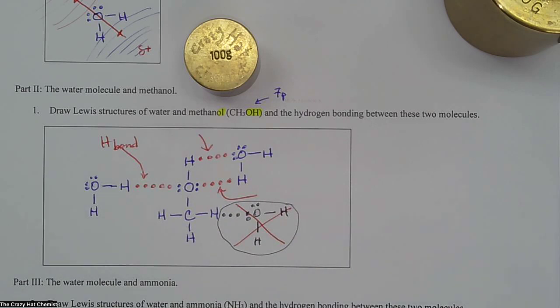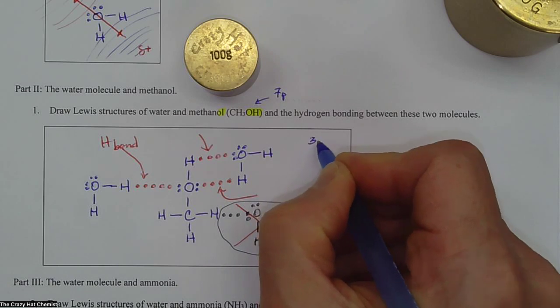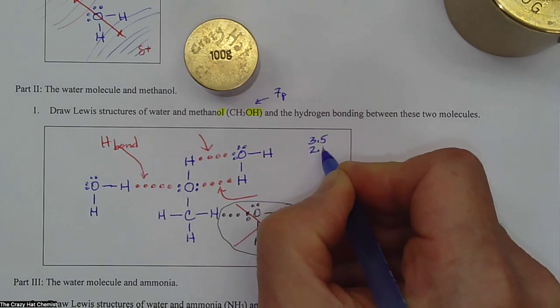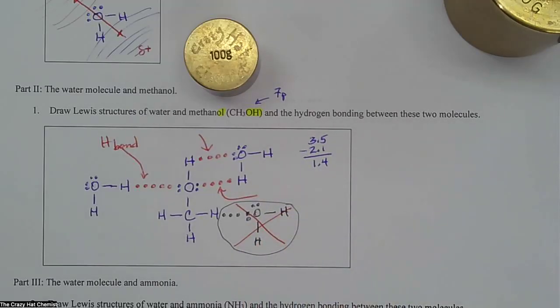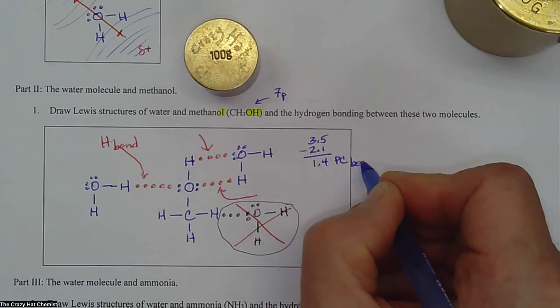As I discussed in the previous worksheet of hydrogen bonding, worksheet number 1, oxygen has an electronegativity value of 3.5. Hydrogen has a value of 2.1. That difference is 1.4. That's a polar covalent bond. Okay.